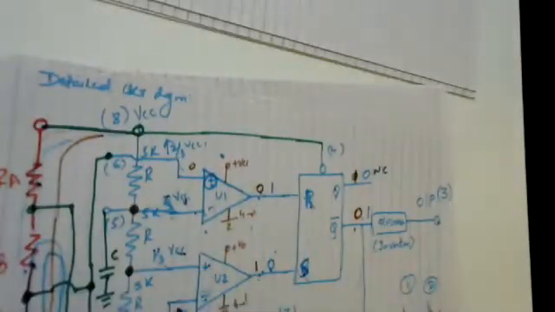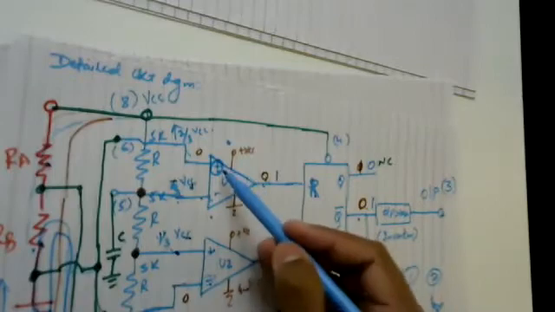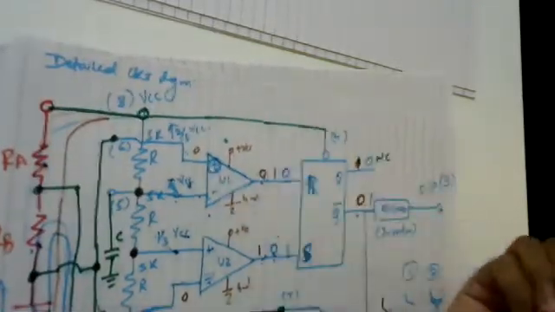Now, to what extent can it discharge? Once it starts discharging, unless the potential across this becomes equal to or lesser than 1 by 3 times that of VCC, again the state will change from 0 to 1. And once again over here inverting will be high, so this will become 0.